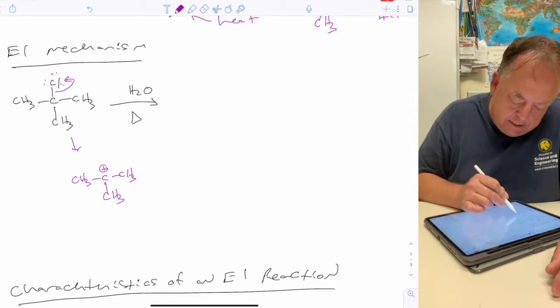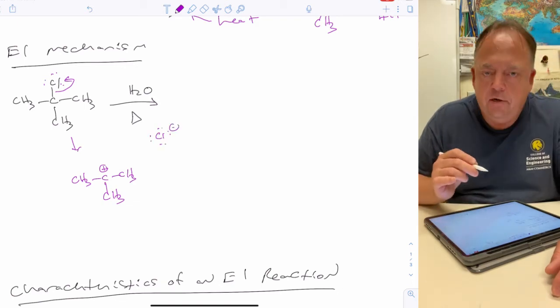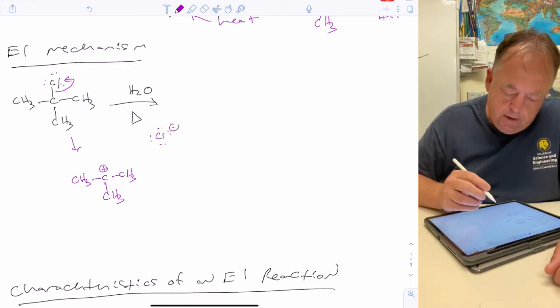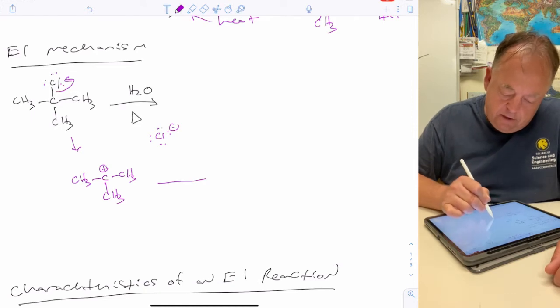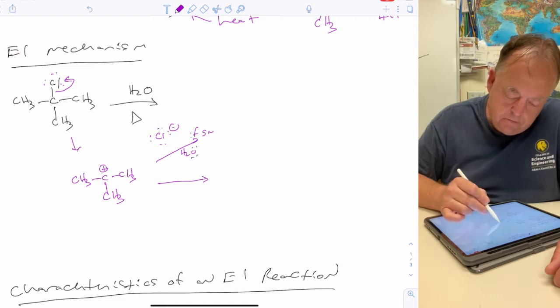So now that carbon is electron deficient, so you make a carbocation, and you have a Cl- leaving group. And then if this was going to do an SN1, then what would happen is the nucleophile would attack, right?